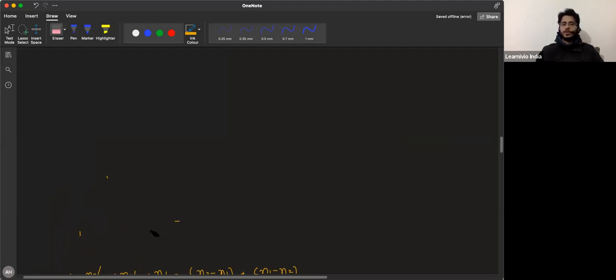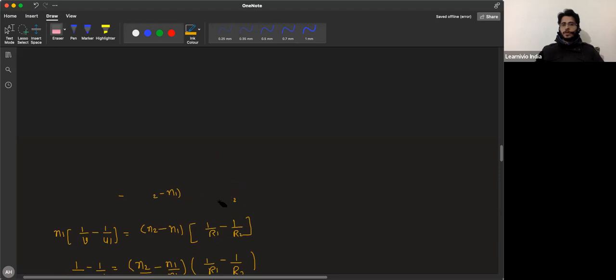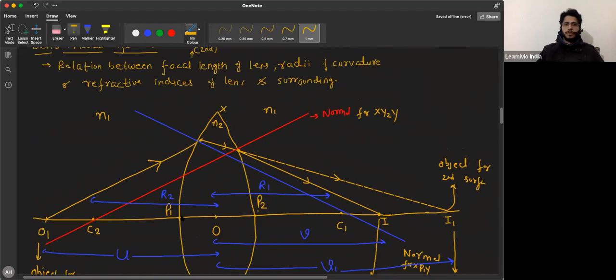If you know the spherical refracting surface, then it's a 3-4 line calculation. Yes, the first one is refraction from rarer to denser. So for this first surface, the refraction is from rarer to denser. We can just write this as first surface. What's the name of the first surface? XP1Y.